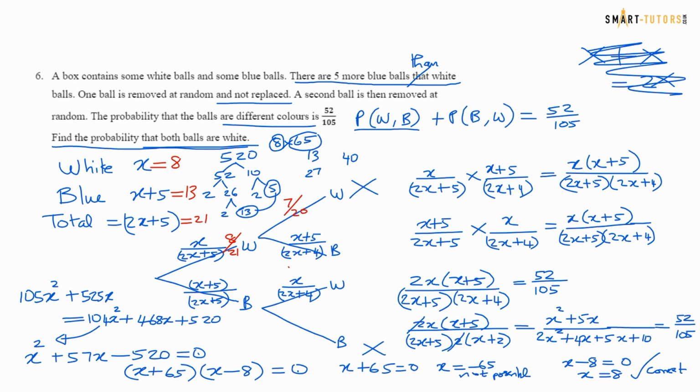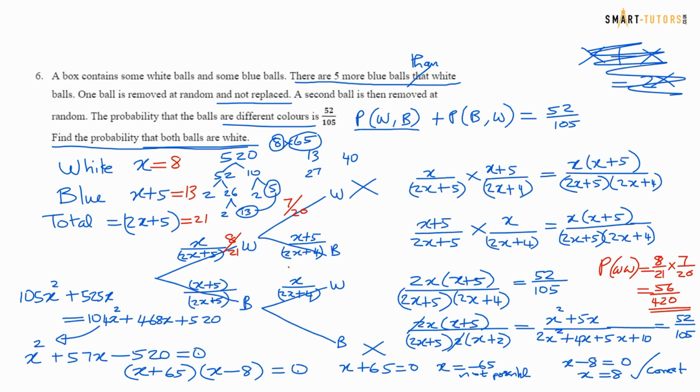So the answer is, probability of white equal 8 over 21 times 7 over 20. So the answer is 56 over 420. So you can simplify, but that is the answer.